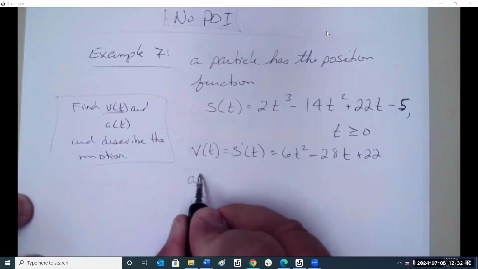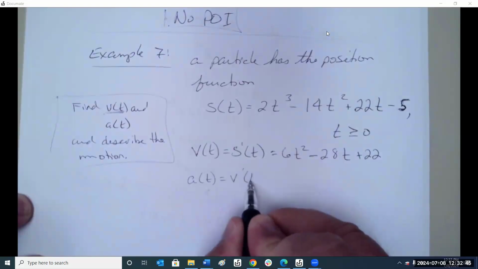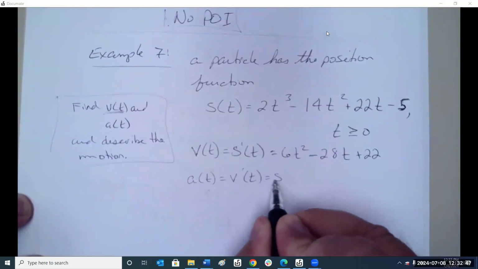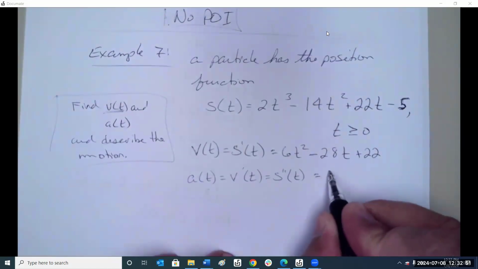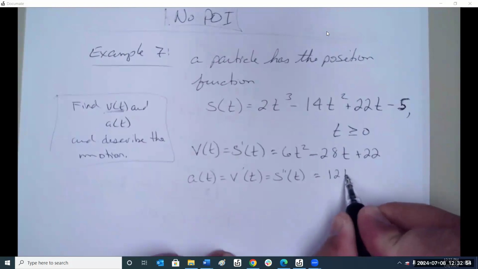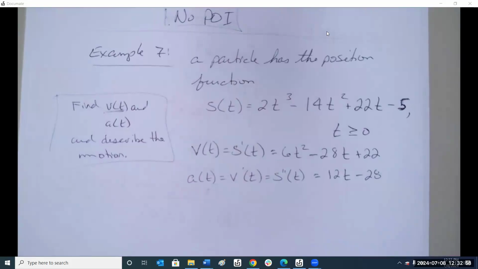And then we got to find the acceleration, which is the first derivative of the velocity, which is the second derivative of the position function. 12t minus 28.